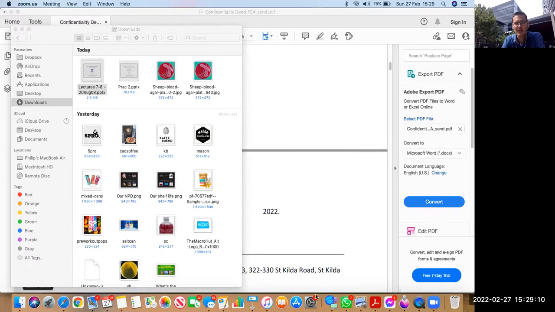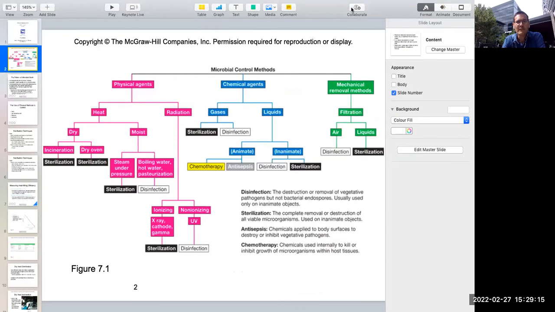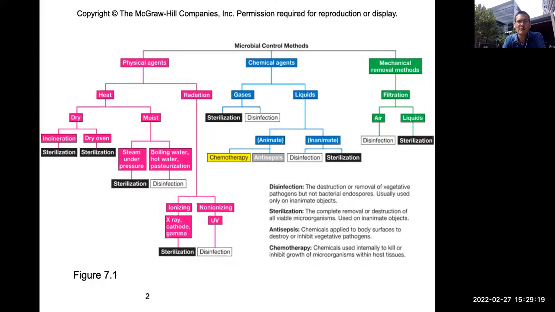I'm just going to share my screen and take you through a particular slide on that. So here we are. What I want to go through in this slide, to start off with, is some definitions, and you can see on the right side, down the bottom, are some definitions.